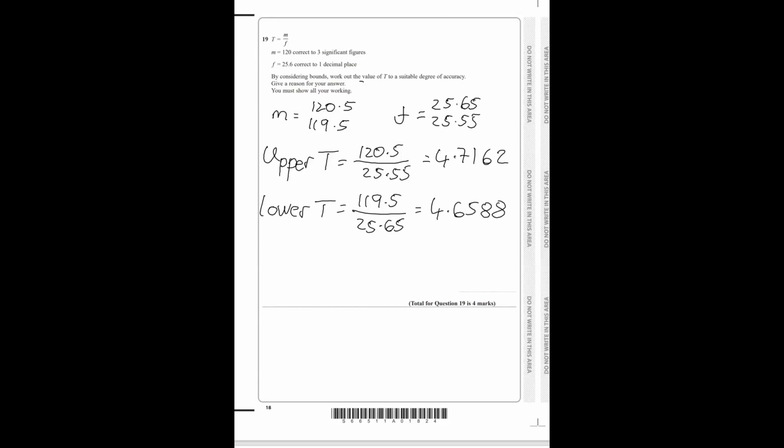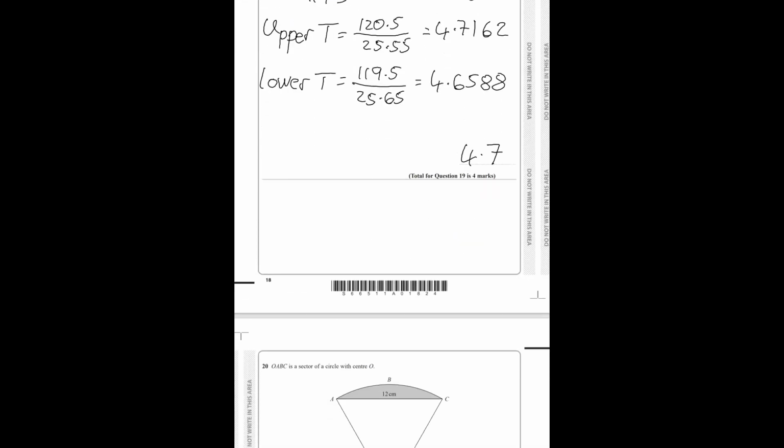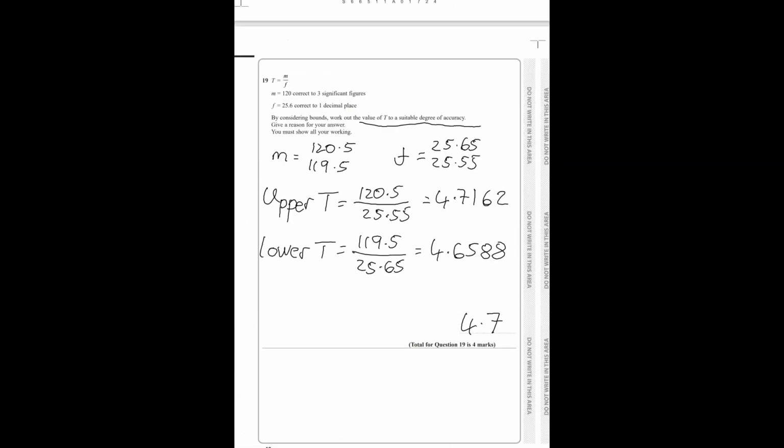Now, suitable degree of accuracy. These both round to 4.7. So actually, the suitable degree of accuracy to your answer is 4.7. Because basically, your answer is anywhere between those two values, so it's always going to be 4.7.